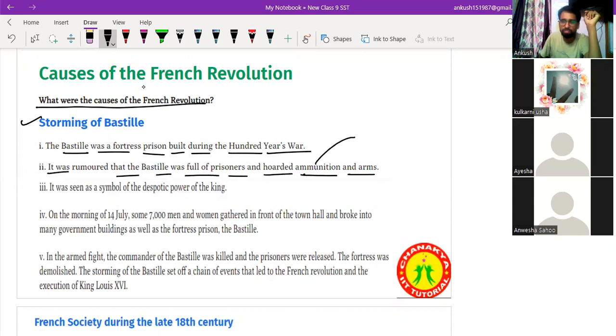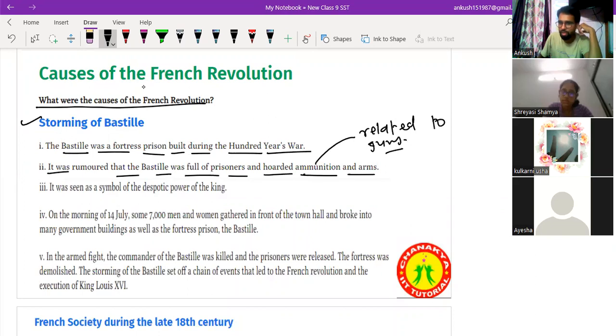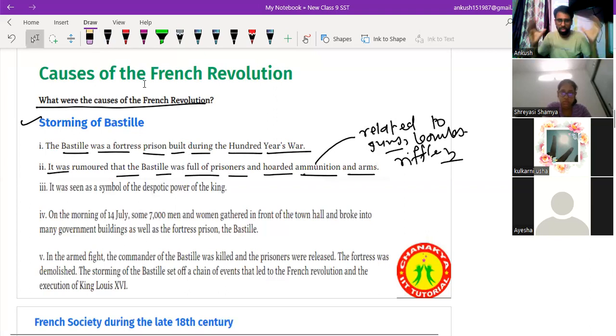What is ammunition? Related to guns, firing, something like bombs, rifles, lots of things. Ammunition means as a jakhira that we say in Hindi.